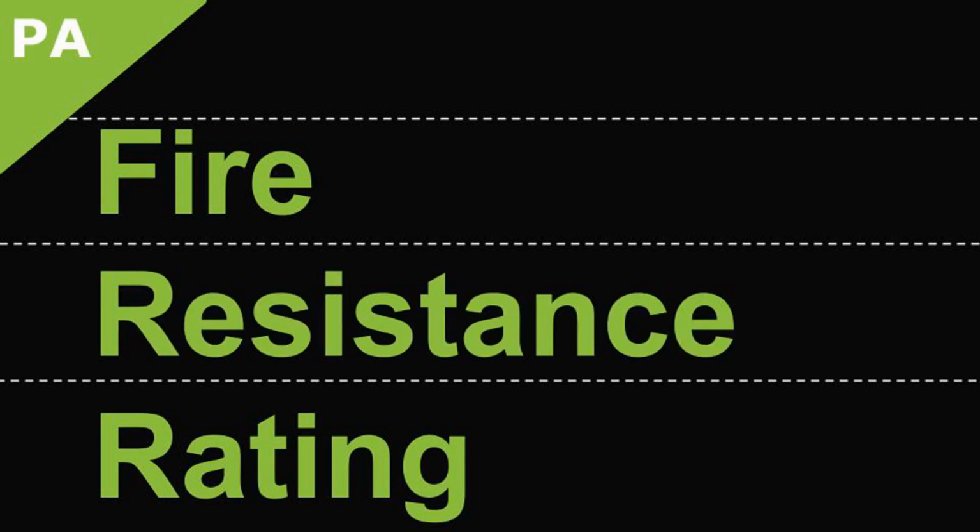Fire resistance rating. Fire resistance rating is the period of time a building component such as a wall, floor, roof, beam, or column is able to confine a fire or maintain its structural integrity when tested in accordance with ASTM E119, the standard methods for fire tests of building construction and materials.